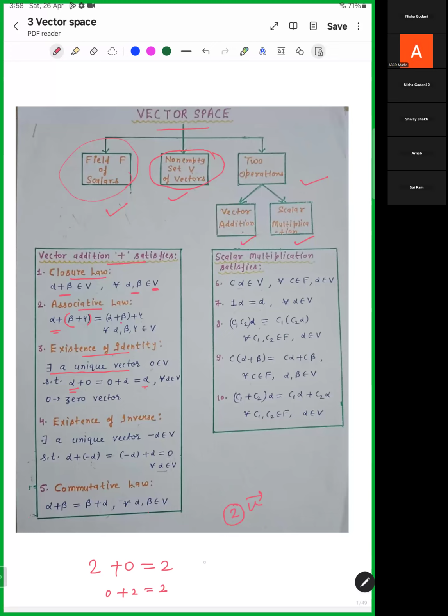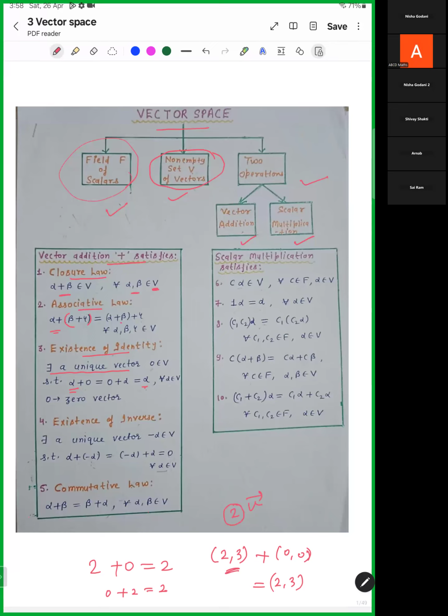So 0 is the identity element. Okay. If you have points in R square, suppose 2 comma 3, and you add 0 comma 0, then you will have 2 comma 3 again. If I write this 2 comma 3 vector in terms of i j as you write in physics, then things are similar.